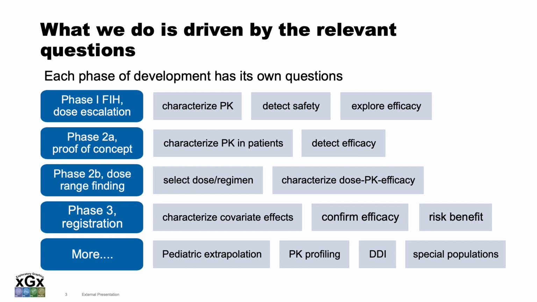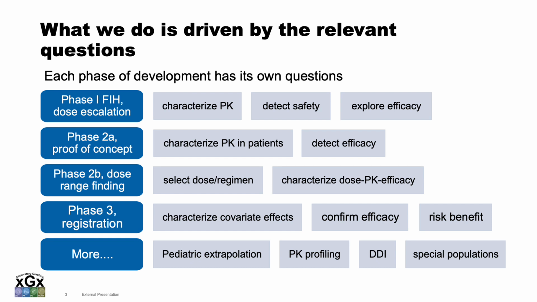Each phase of drug development has its own specific questions to be answered. For example, in first-in-human studies, we may be trying to characterize PK, safety, and explore efficacy. In phase 2A or proof-of-concept studies, we may be trying to characterize these things in a relevant patient population and detect efficacy in this specific population.